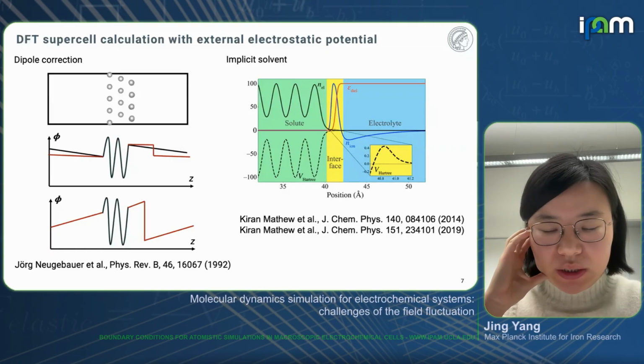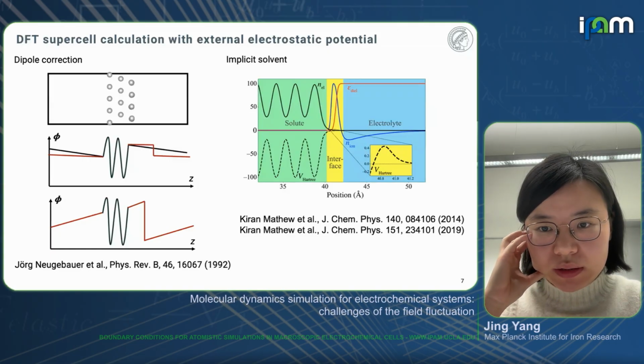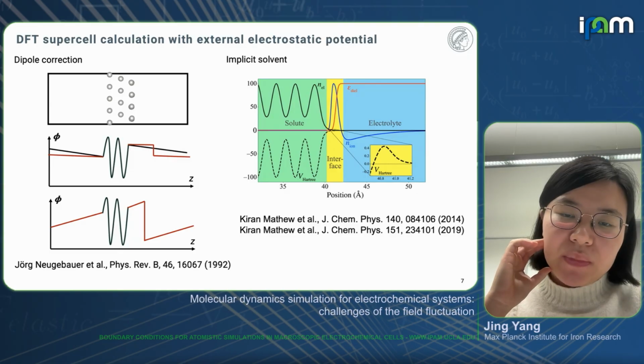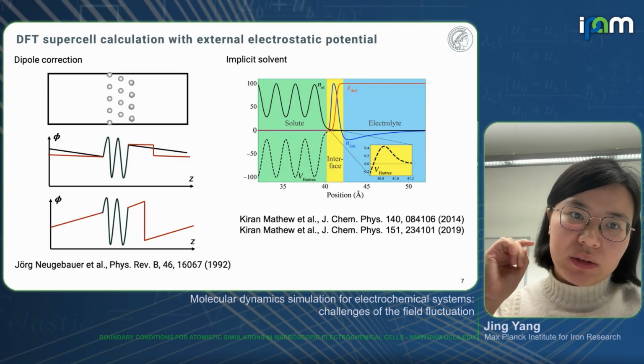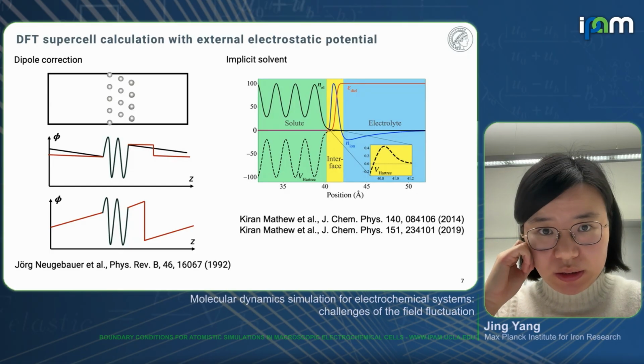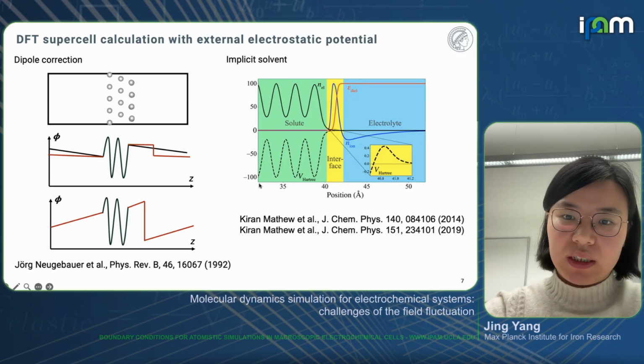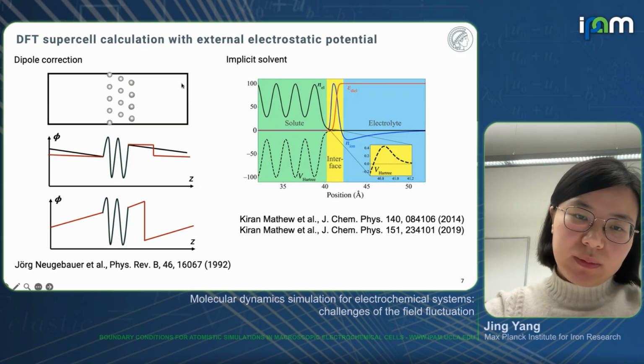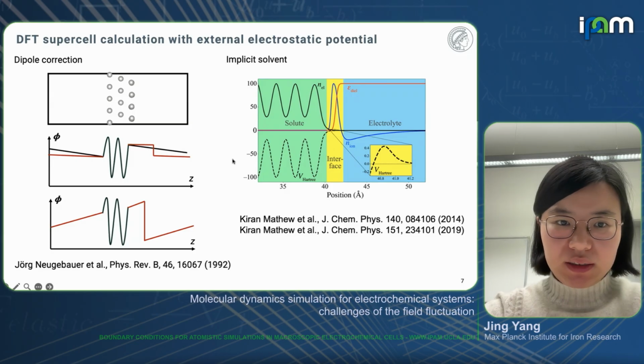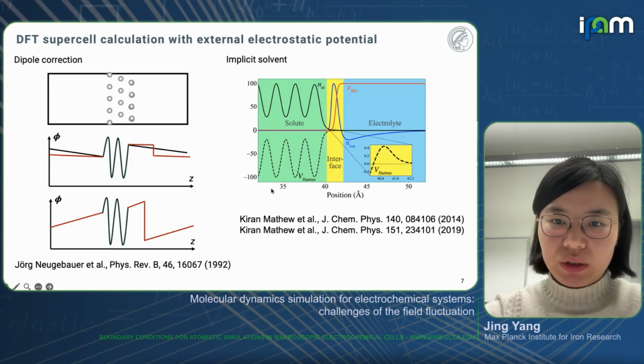Then these external potentials are added to the Kohn-Sham Hamiltonian. In this way, you can do DFT calculations with this kind of external electrostatic potential. Both of these methods are well established, and they are available in DFT codes, for example, VASP.